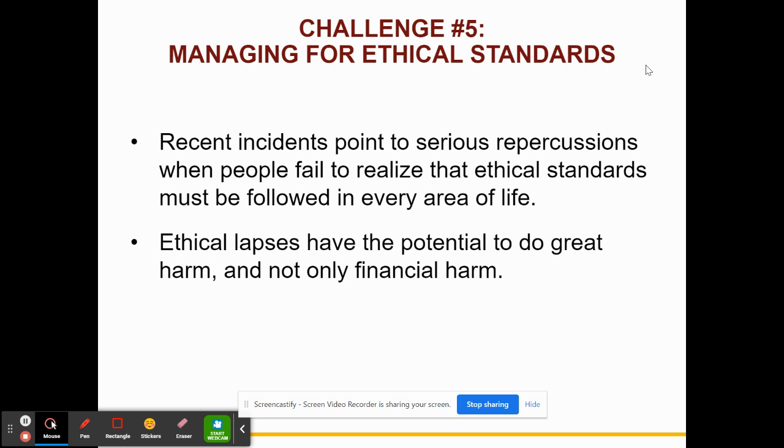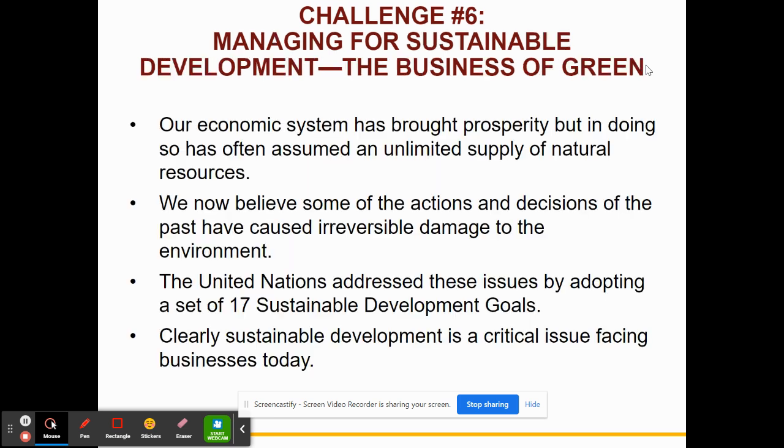One with a hedge fund and the other with his company did not adhere to ethical standards, and it has caused a lot of heartache and heartbreak for many individuals in the investment world. I encourage you to take a look at those two individuals.